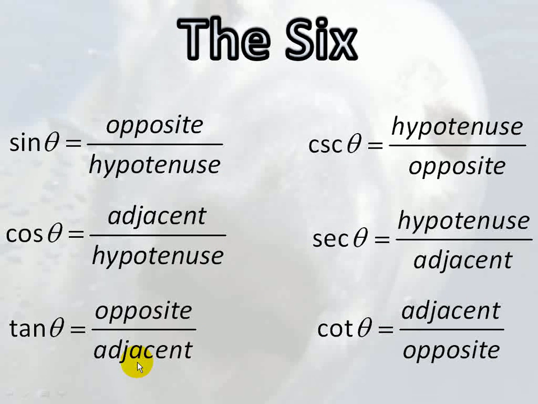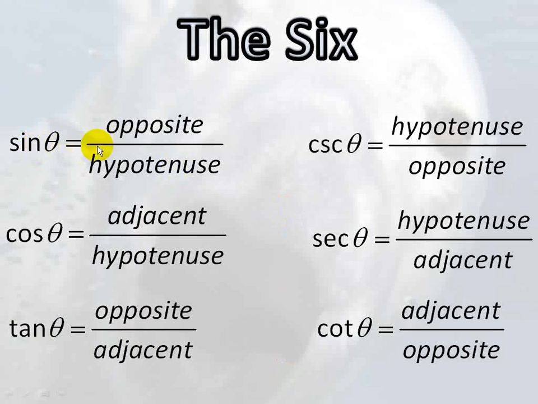Now if you look at these 6 together, here's what we have. And these are what we need to remember. Remember sine, cosine, and tangent, and then their reciprocals. So sine, opposite over hypotenuse. Cosine, adjacent over hypotenuse. Tangent, opposite over adjacent. And then remember their reciprocals.